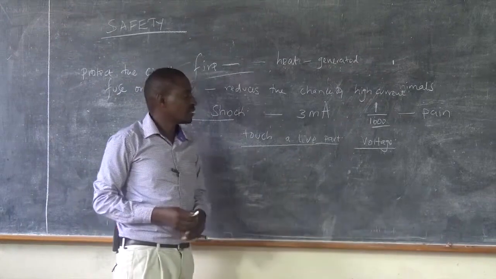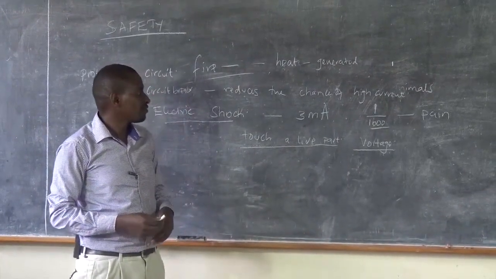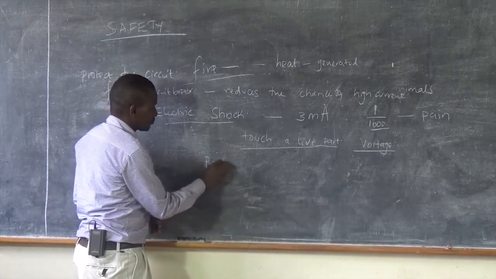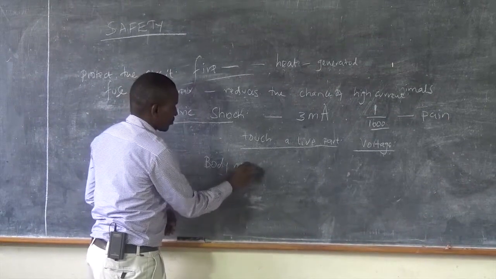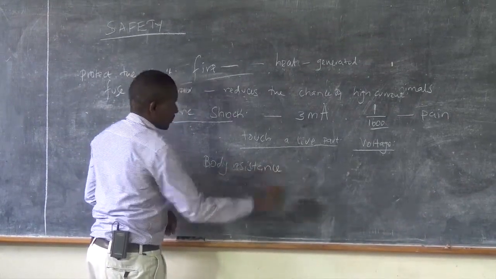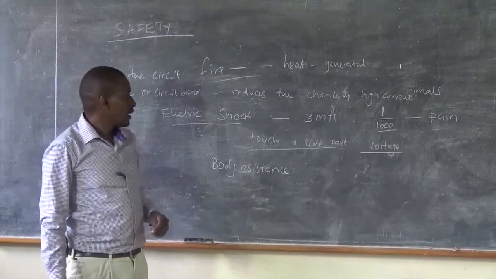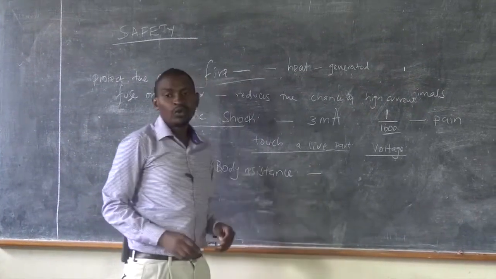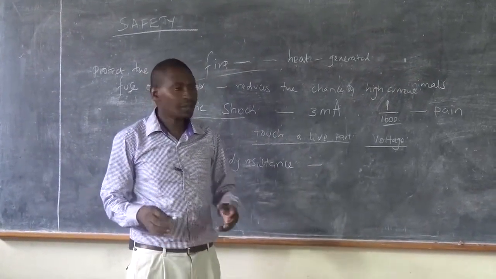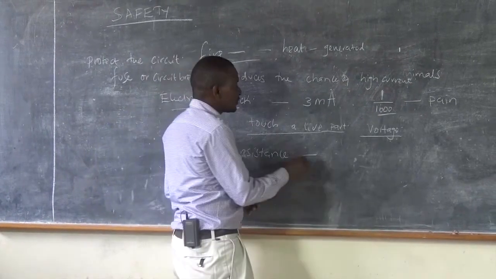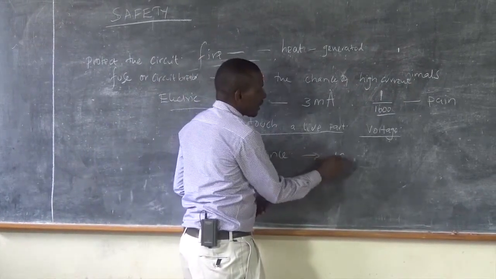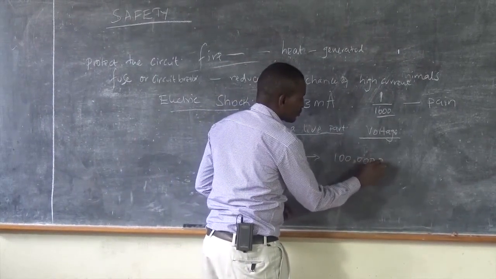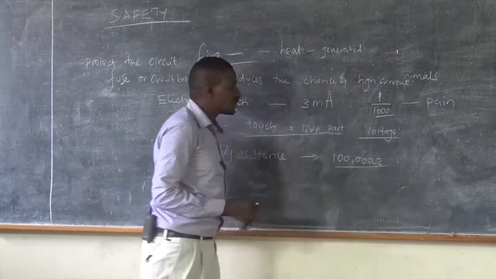Our bodies have some resistance, and our body resistance is quite high, because when you are on a dry surface and everything is dry, your body resistance will go up to 100,000 ohms.